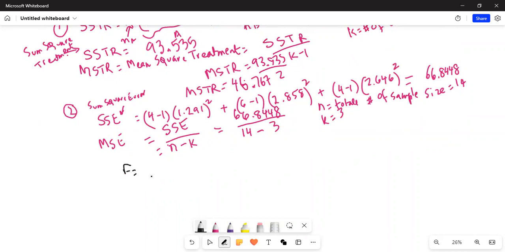I have to calculate the MSE. So MSE is equal to 66.8448 divided by 14 minus 3, which is 11, and that is equal to 6.076.